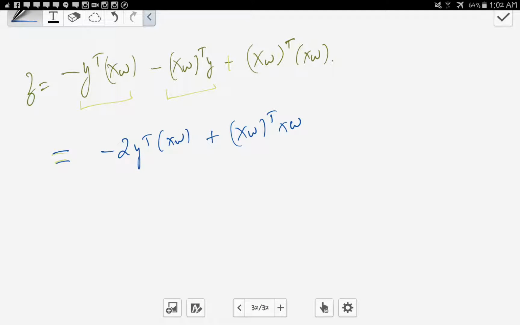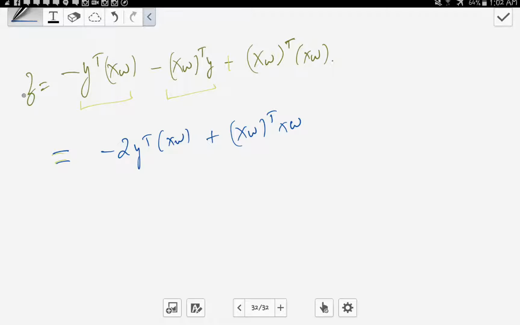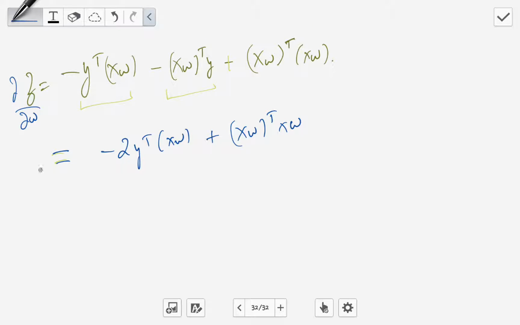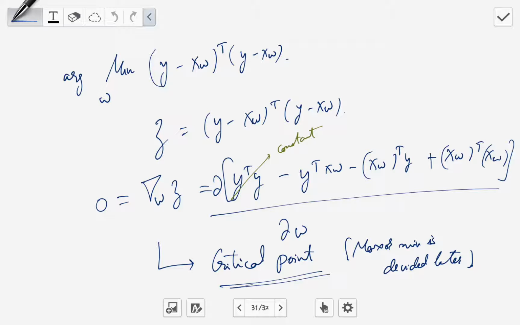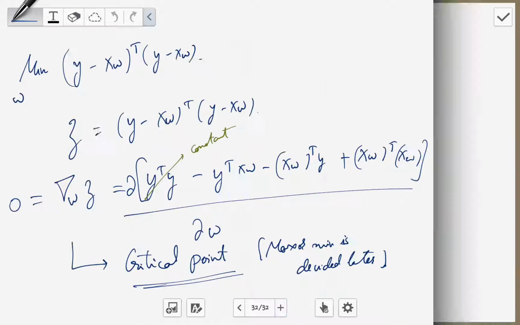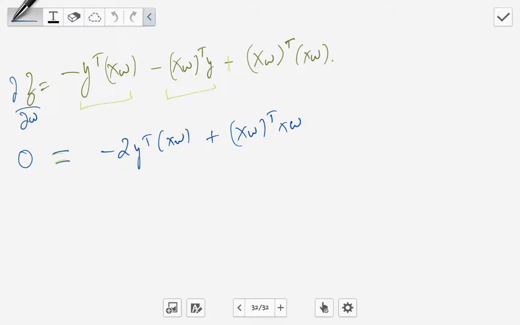Fine. So this is actually dz by dw, right? We want to set it equal to 0. So I have to differentiate this. I haven't yet differentiated this. So d by dw. Now what is this?